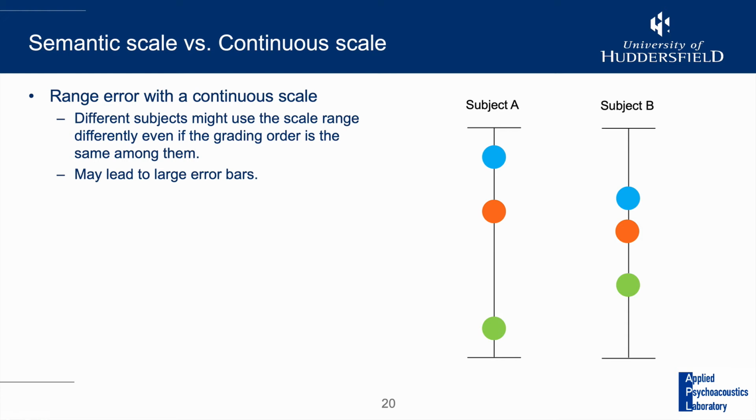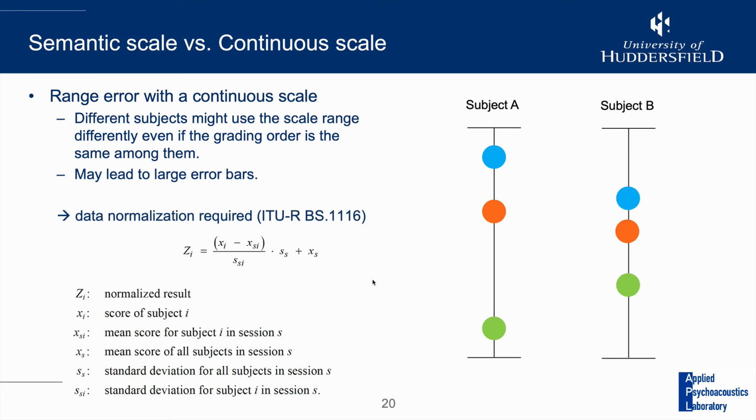So to avoid this range error, the ITU-R BS.1116 recommends the use of a data normalization technique. According to the group and individual means and standard deviations using this equation, we can reduce this range error.